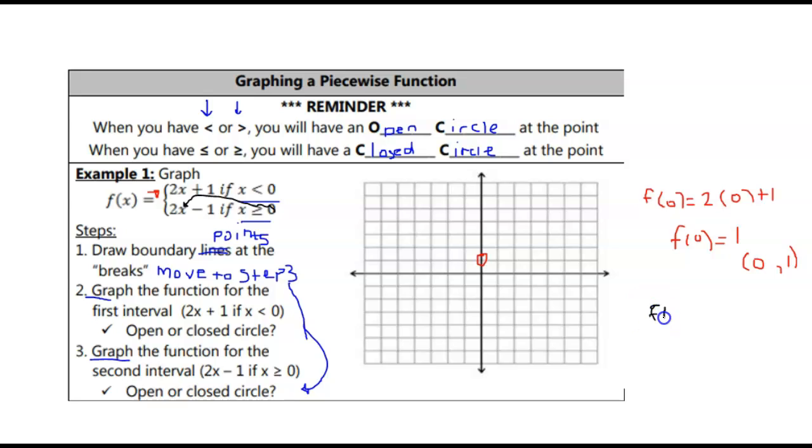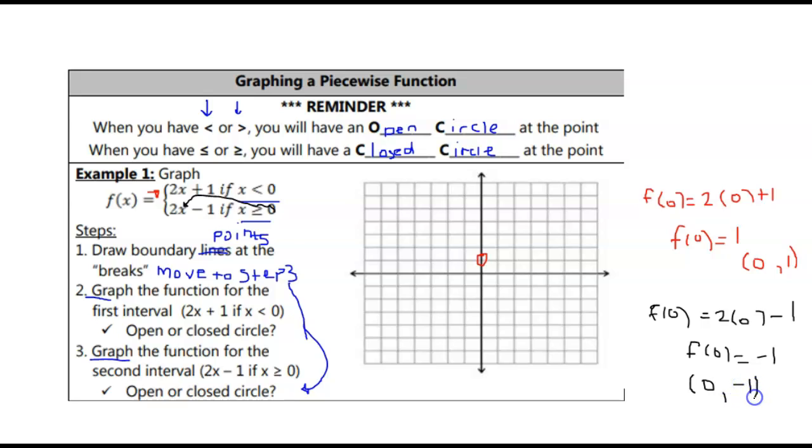Well, f of 0 of that function is going to be 2 times 0 minus 1. I can quickly see that f of 0 for all my values that are greater than or equal to 0 is going to be negative 1. So the point that I'm looking at for values greater than or equal to 0, the boundary point, will be at 0, negative 1.